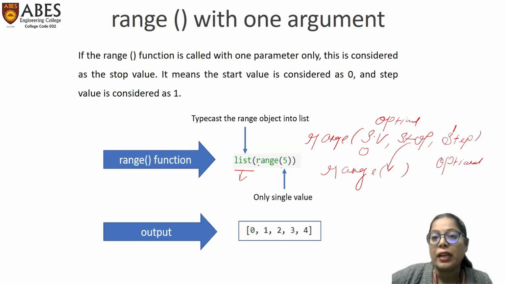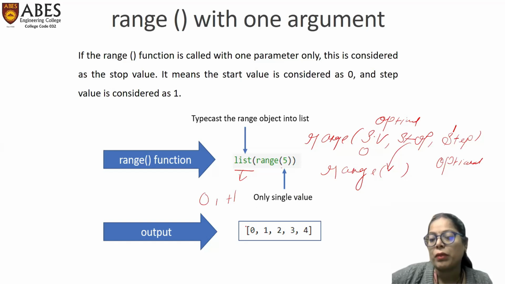We are defining this range as a list data type. As the stop value is 5, it will not be included, and we have not defined the start value and step value. So the start value is 0 and the step value is +1. It will start from 0, 1, 2, 3, 4, and 5 will not be included.